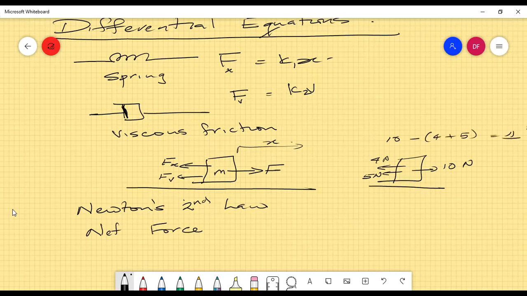So the forward minus the backward gives me the net. So the net force is going to be equal to F, in my case, minus FV minus Fx.